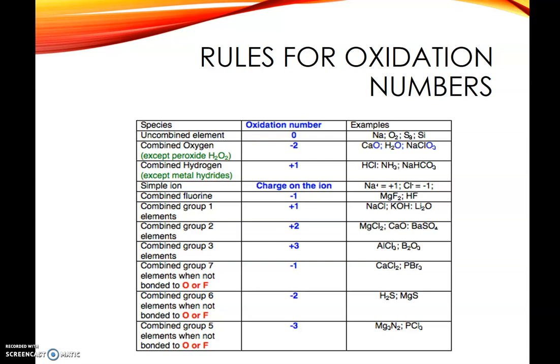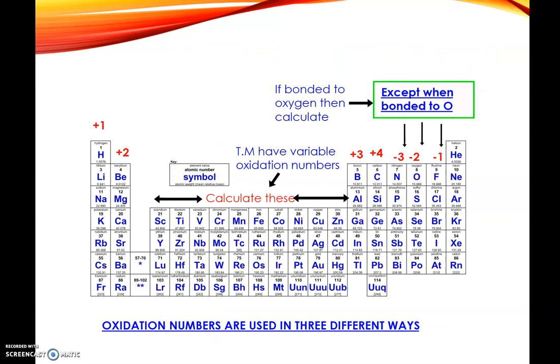Similarly, group 6 should have an oxidation number of -2, but it could change if there's oxygen or fluorine involved. And group 5 elements, -3 typically, but again, it depends on which other elements are involved. So again, it does get quite complicated. And here's just a way to use your periodic table.